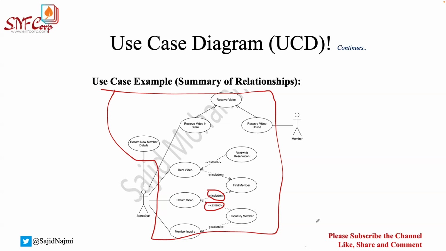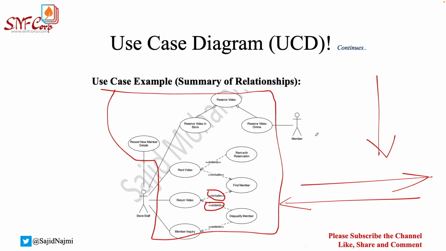So now the question is, what is the way of drawing these use cases? It doesn't matter. You can draw whatever way works for you. You can draw horizontal, vertical, any direction, that doesn't matter. The only thing is you have to give a clear indication of the interactions or flow of these use cases with these relationships.